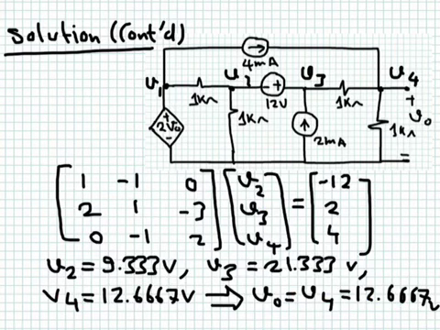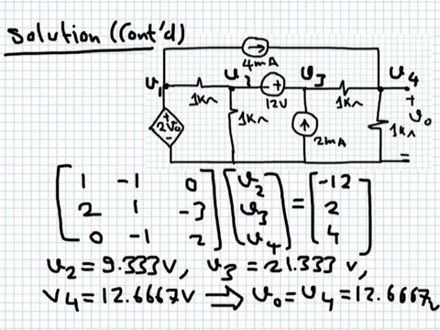So in this solution, it has to be clear what I did. I kept V2 and V3 and V4, and I eliminated V1, because V1, as we agreed, is related to V naught, and V naught is V4, so V1 is double V4. So I kept only three equations between V2, V3, and V4.